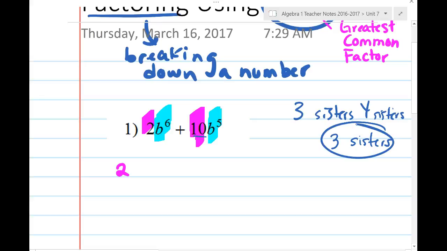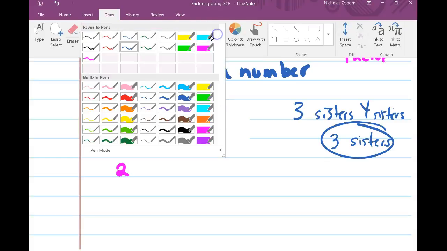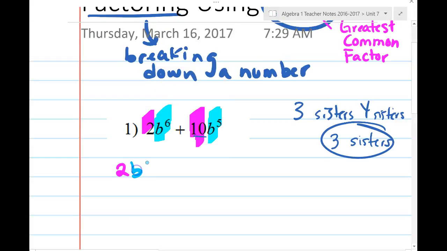So we have 3 sisters in common. That is how we factor the variables. How many b's do b to the 6th and b to the 5th have in common? Well, we both have at least 5 b's. So b to the 5th is the common factor between those two variables.